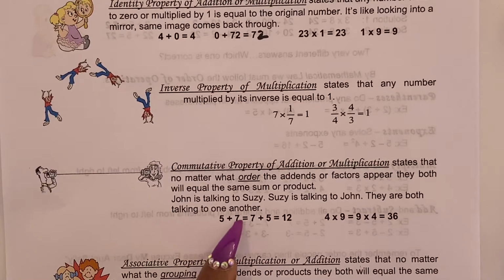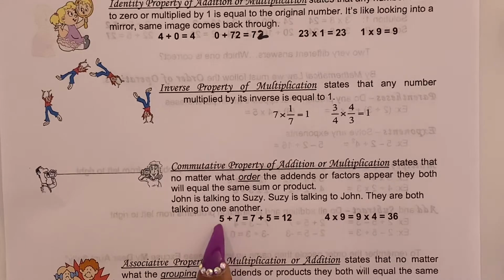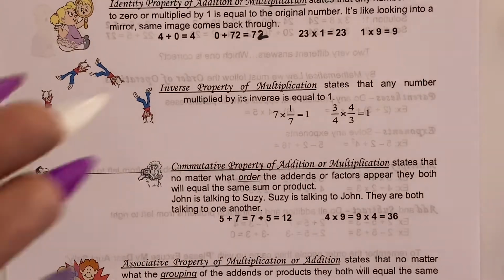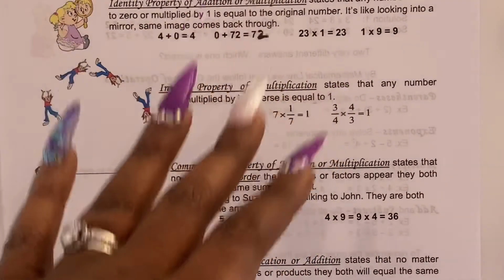So 5 plus 7 is going to give you 12, just like 7 plus 5 is going to give you 12. Just because we put them in different orders, so first here we had the 5 first and the 7 second, and over here we had the 7 first and the 5 second. It does not change the answer. They're going to have the exact same answer. So commutative property of addition says it does not matter what order I put them in, you're still going to get the same answer, okay?